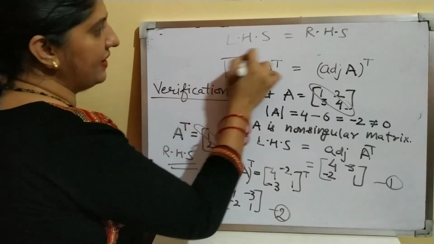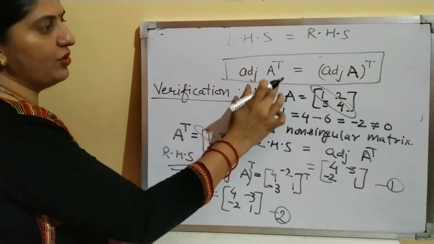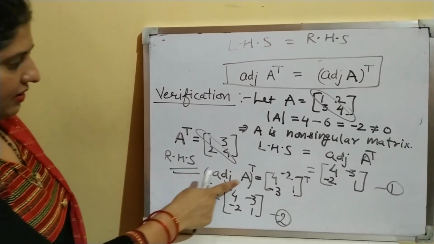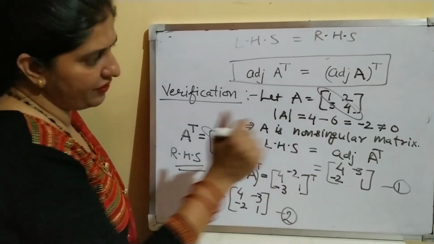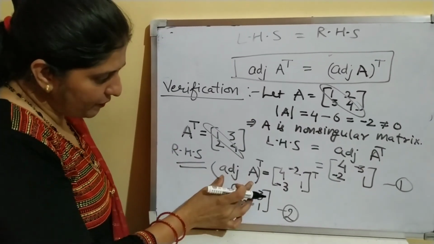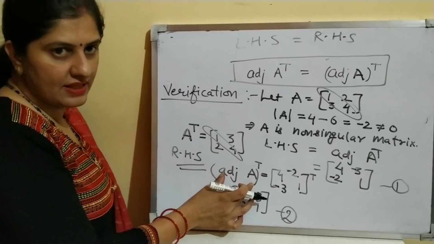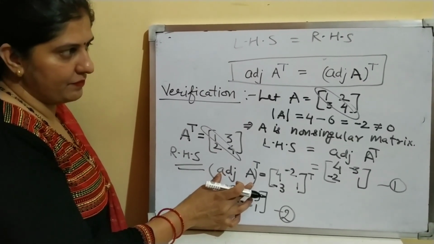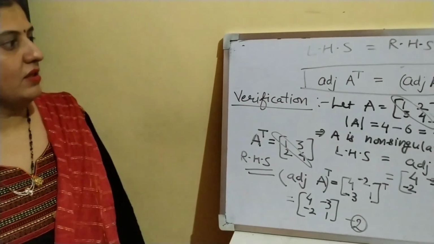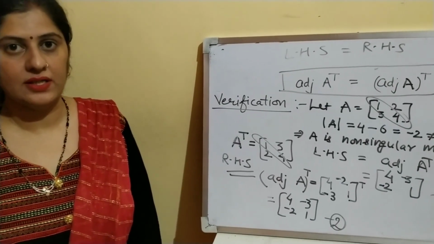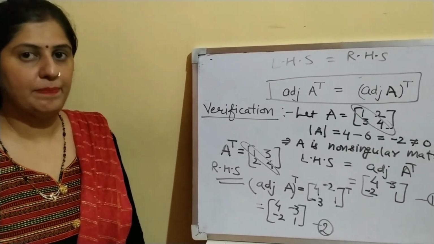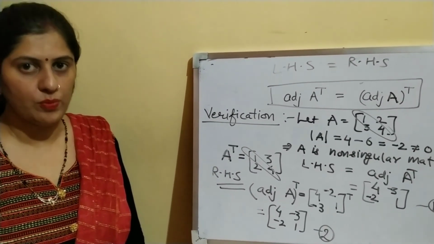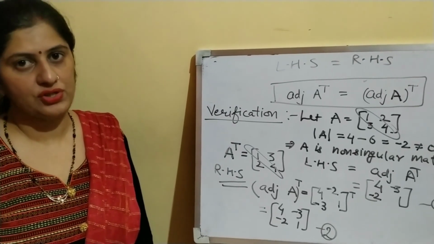Or you can say that the adjoint of the transpose of A is equal to the transpose of the adjoint of matrix A. In this way, we can verify this result by taking an example of any matrix of order 2 by 2 or of order 3 by 3.